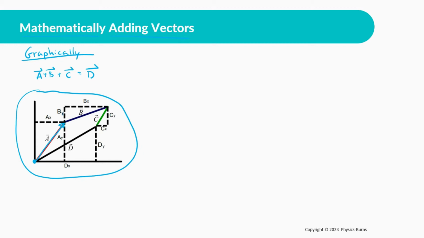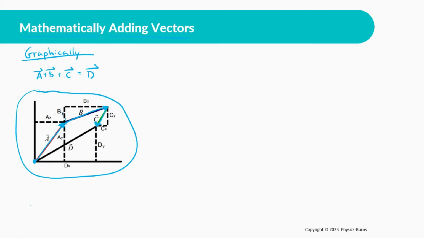Then we added vector B that starts where vector A ended, going some angle this way. And then we have vector C, again going at some angle down here.